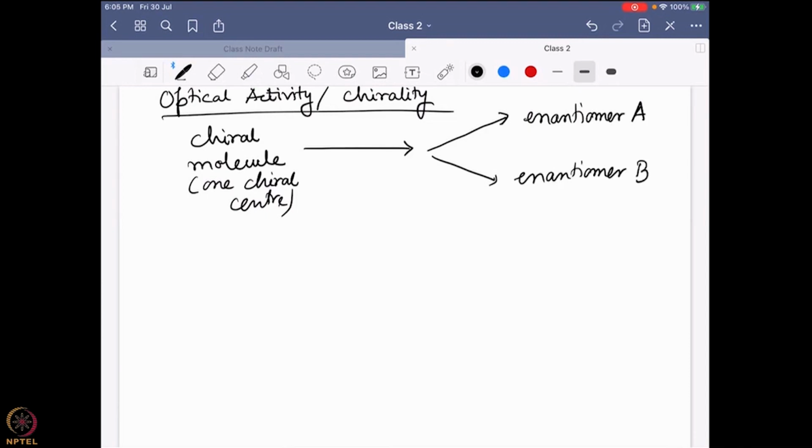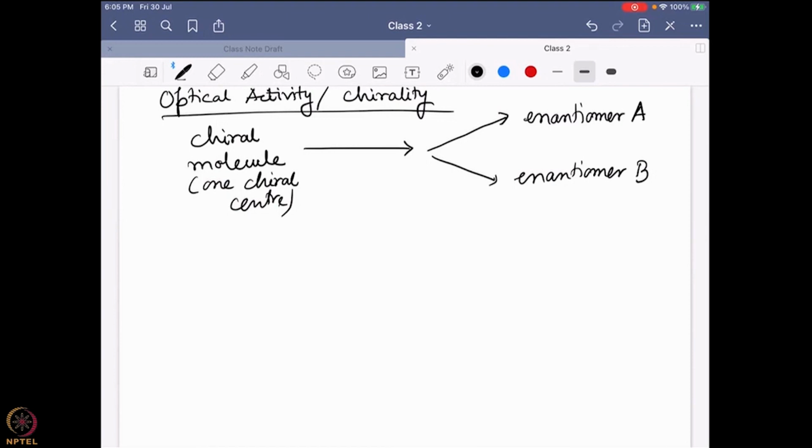So Rishabh, help me a little bit more. If I want to synthesize these two enantiomers A and B, what should be the ratio of these two enantiomers if I synthesize them? I mean the product ratio. What ratio do you expect? Sir, for racemic mixture.